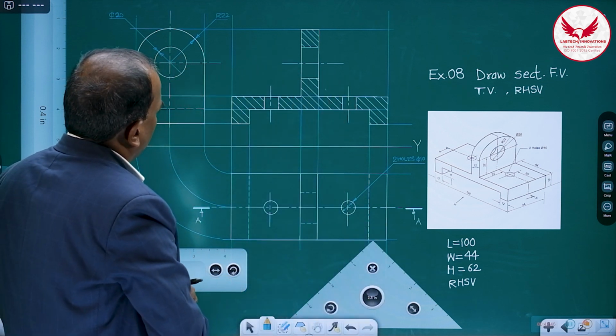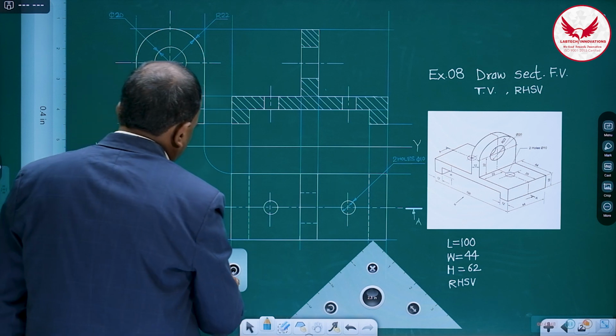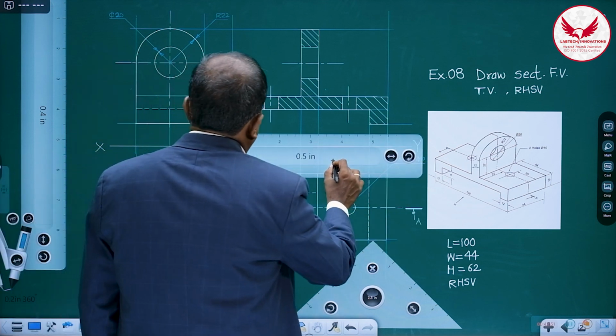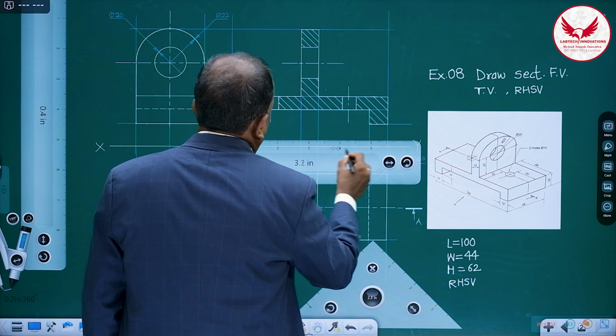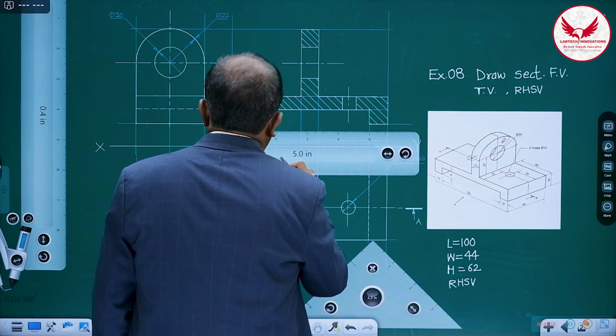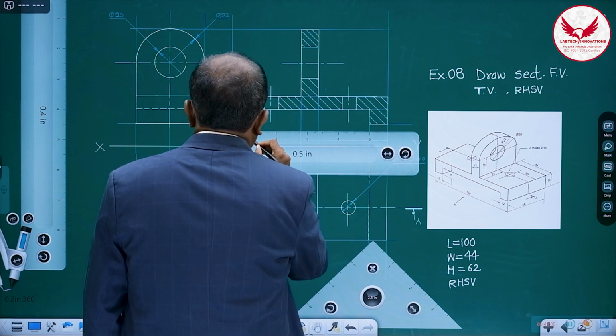Then the overall length of this object, and above it, it is 12.